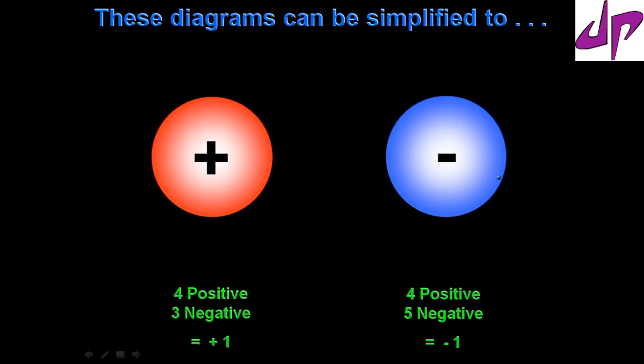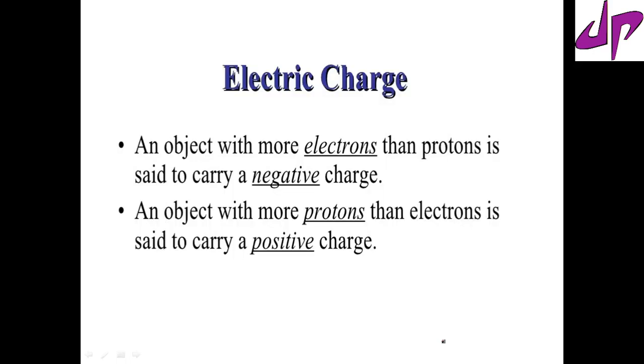If there is one extra negative charge, we call it a negatively charged object. It means the deficiency of electrons creates a positively charged object. The excess of electrons creates a negatively charged object.